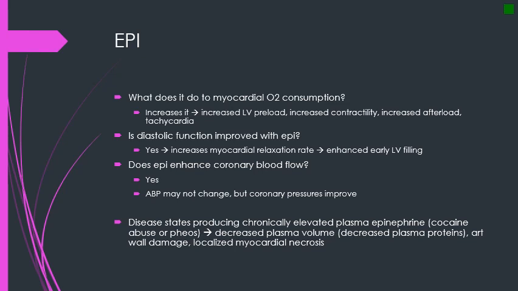They leak that volume out, and then they've got this continuous elevation in their plasma epinephrine, and that causes localized inflammation for the arterial vasculature in the actual walls. They become damaged, and it can lead to actual necrosis, both of the vasculature, but primarily what you see is localized myocardial necrosis in the heart, and that's why you will find many of these patients with long-term drug use will have unknown myocardial infarcts.